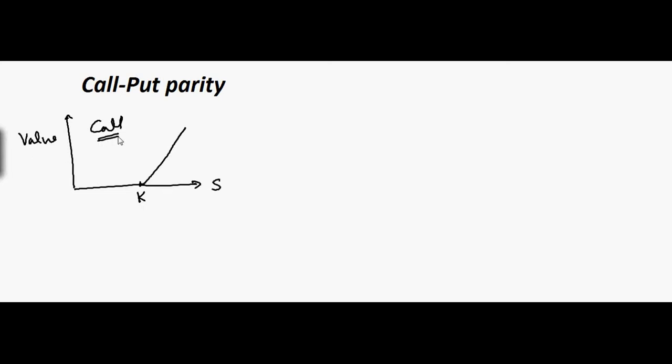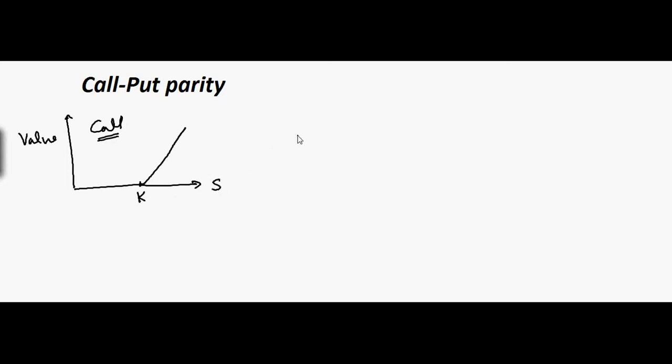It gives you the ability to buy the stock at price k. If it's below the value of k, then the call option is worthless. But if it's above the value of k, then you will make money, and the value of the call option will be equal to the difference between the stock price and the strike price.